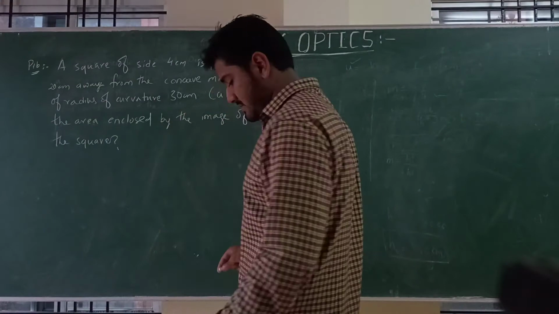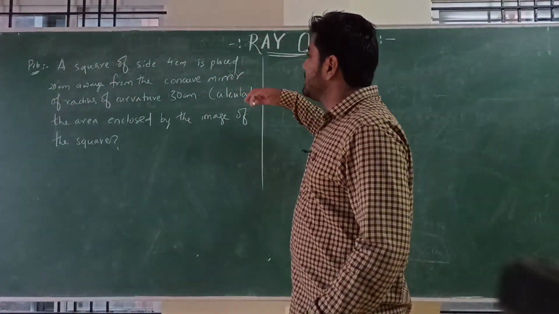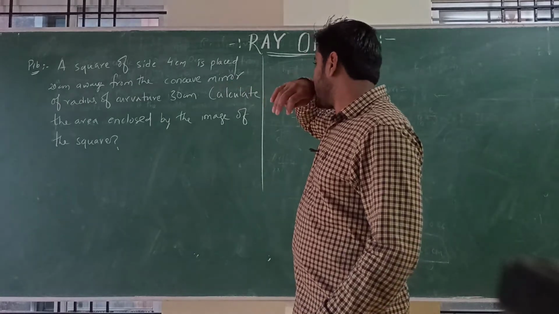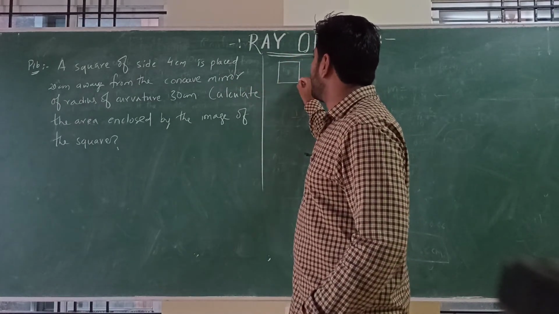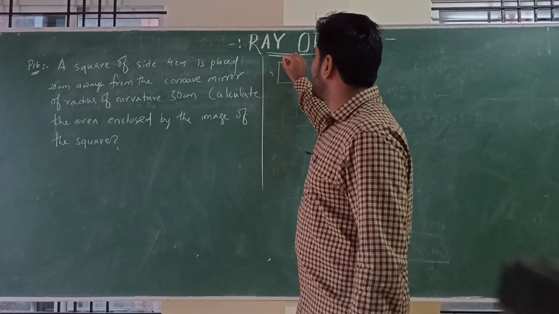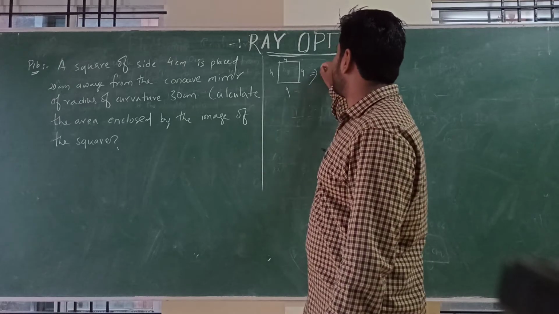Okay, let's start. First write what they have given. A square of side 4 cm is placed 20 cm away. So there is one square of side 4 cm. You should know how to calculate the area of the square.